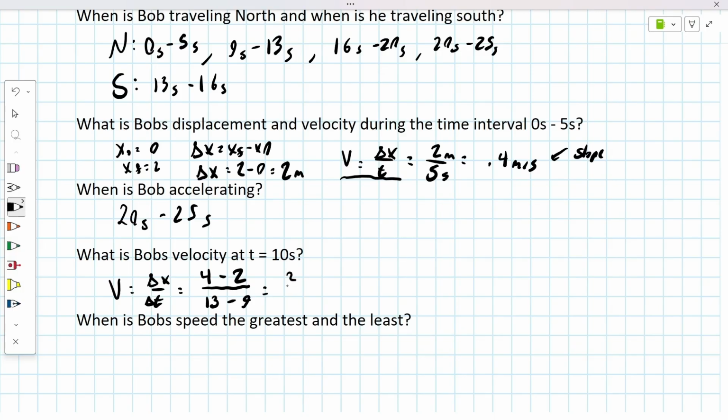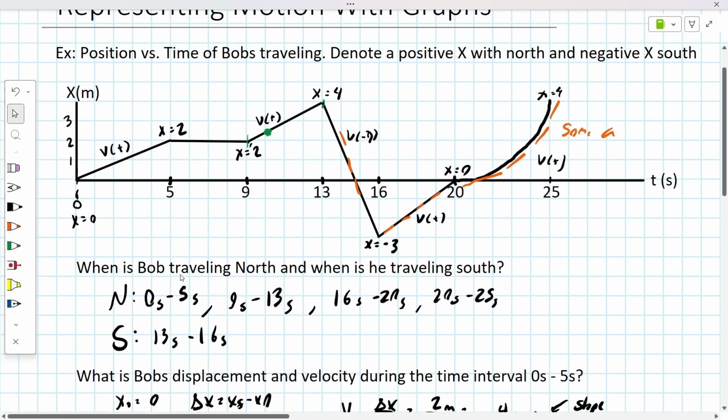So that'll give us 2 over 4, which is equal to 0.5 meters per second. And this will also be north, because it's positive for both of these. And so notice that if we find the slope of this line right here, we'll have the velocity over this entire time range. So that'll be true at this point 10 and anywhere else on the line.